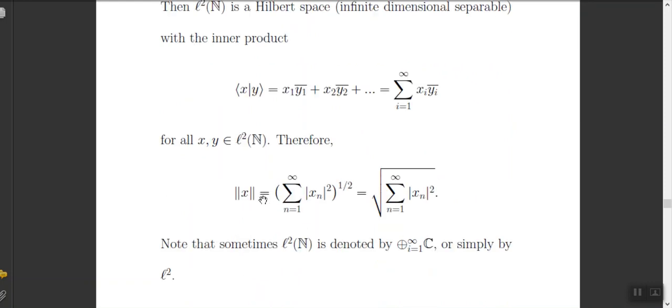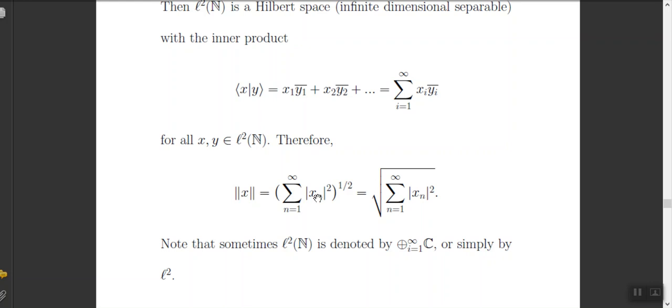Of course the norm of each element like this, the norm of x, a sequence, is given by the square root of the inner product of x with itself. So the inner product of x with itself, look at here, will be x1 x1 bar, x2 x2 bar, which means the absolute value of x1 squared plus the absolute value of x2 squared, and so on.